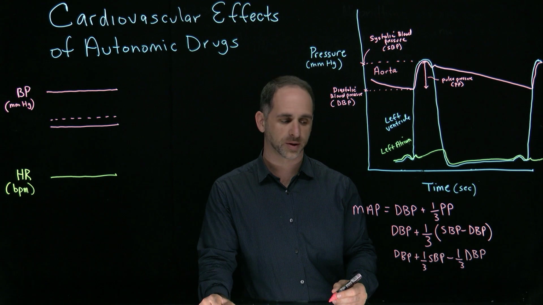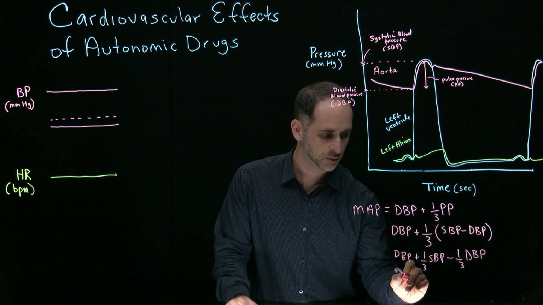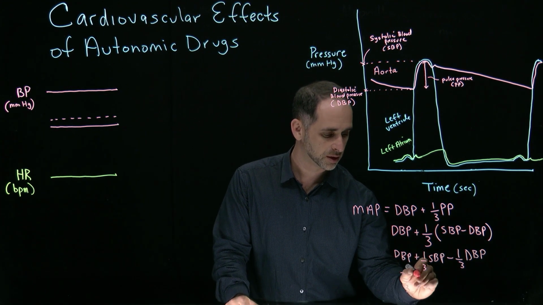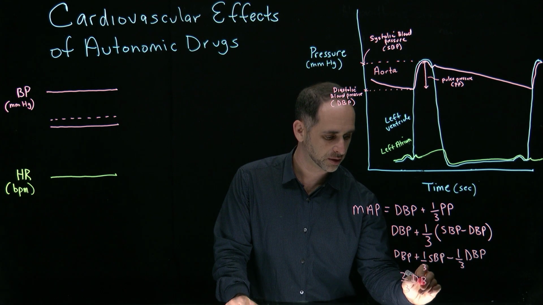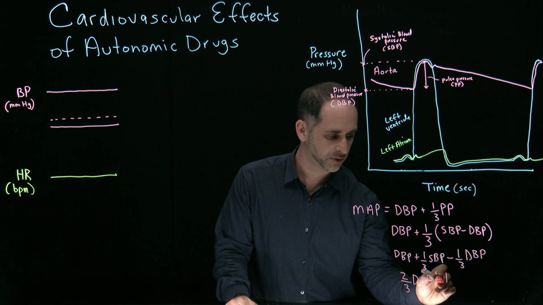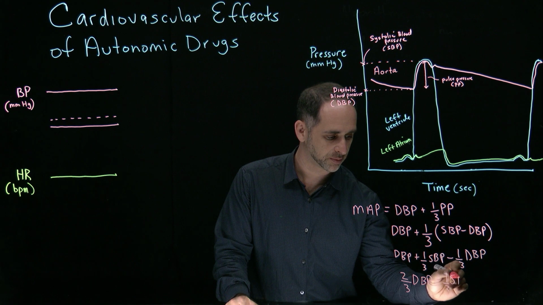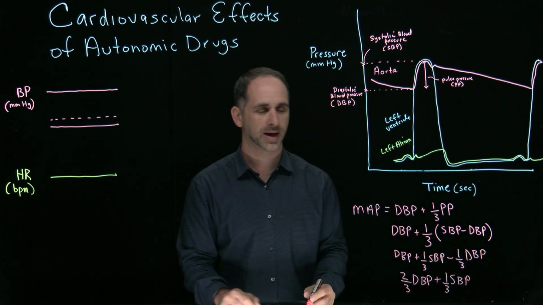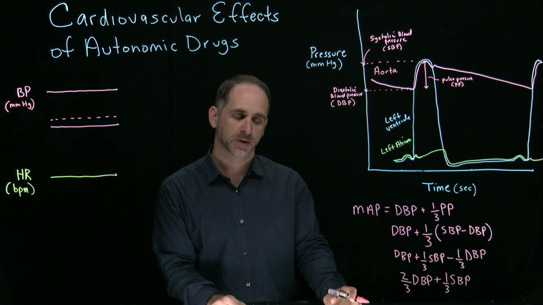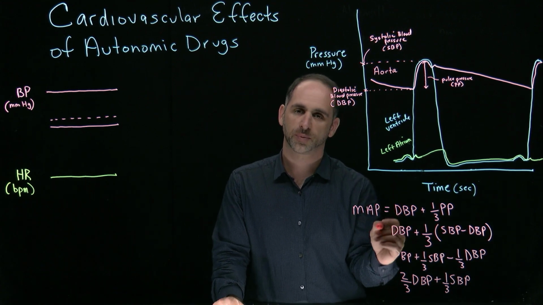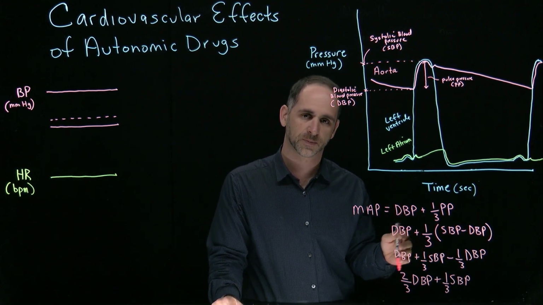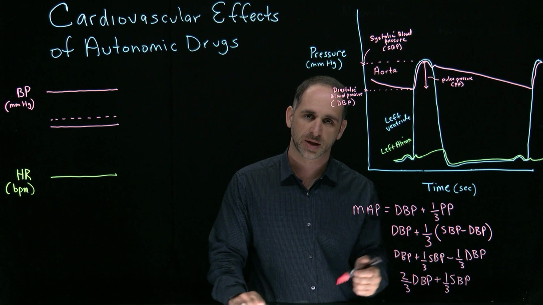What we end up with is 2/3 diastolic blood pressure plus 1/3 systolic blood pressure. The reason that's interesting is that the mean arterial pressure is biased towards the diastolic blood pressure.